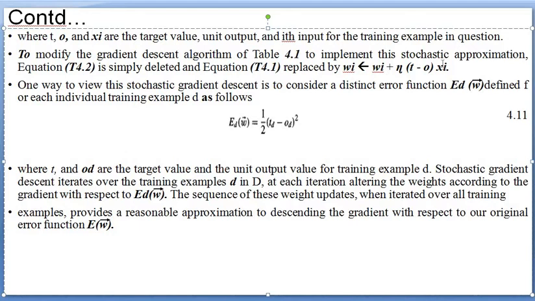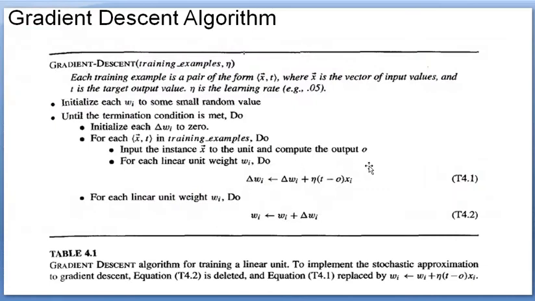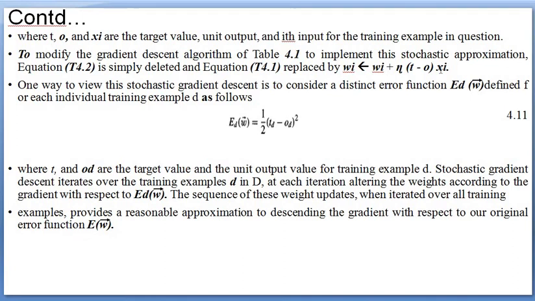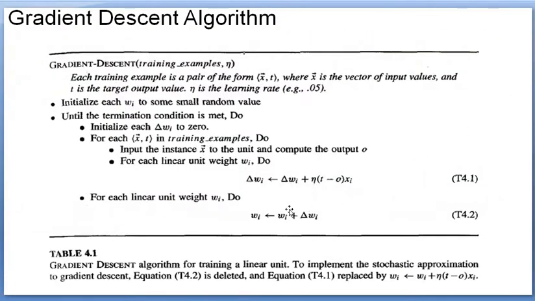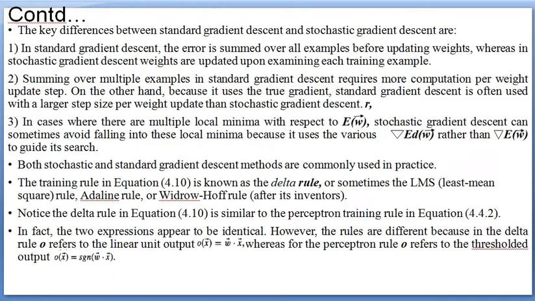So what we will do in the algorithm is replace equation 4.1 by using this equation. Okay, because if we apply the same previous one, it becomes gradient descent. Now we are talking about stochastic approximation. So you need to change this. Okay, so change this equation to this one.